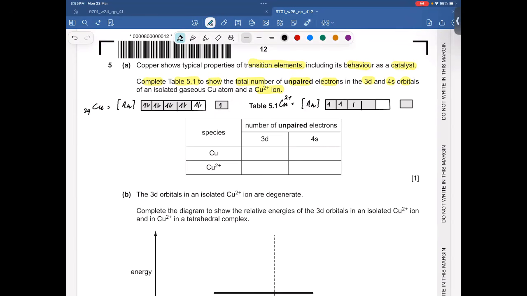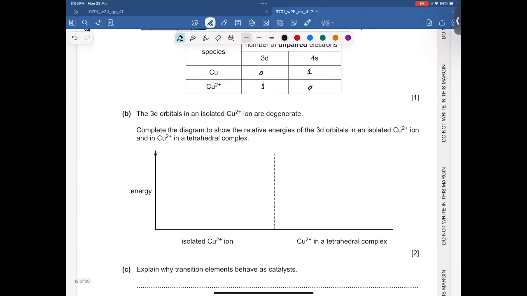So number of unpaired electrons in the 3d orbital is 0. 4s has 1 unpaired electron. Okay. In copper 2 ions, 3d has only 1 and 4s has 0. Okay. That's easy.